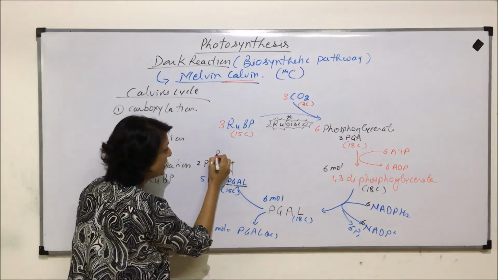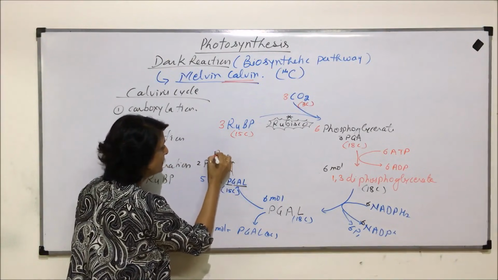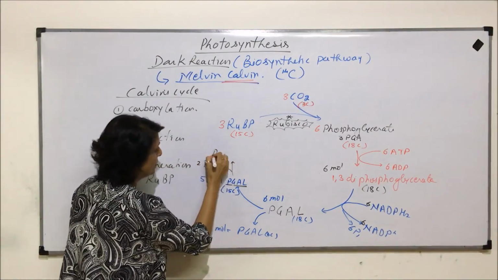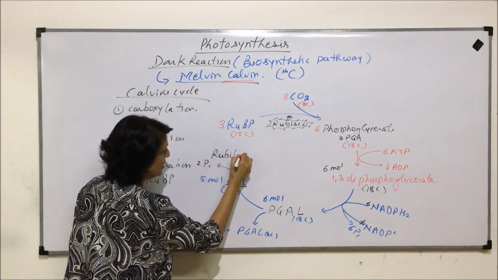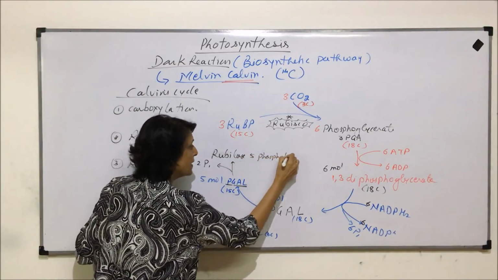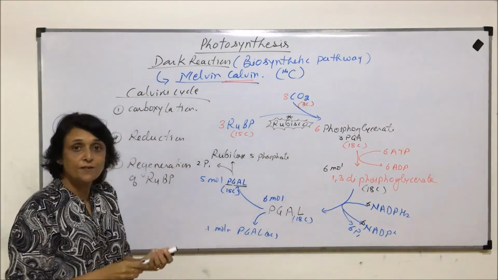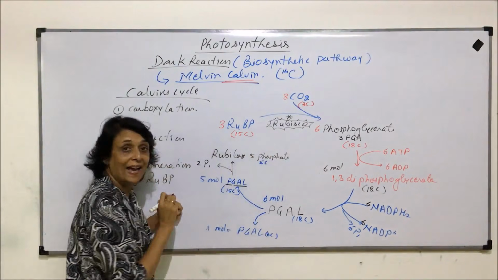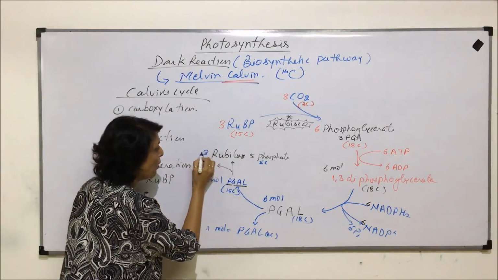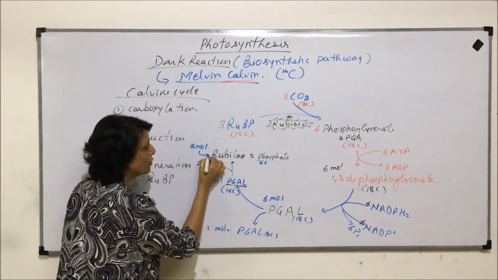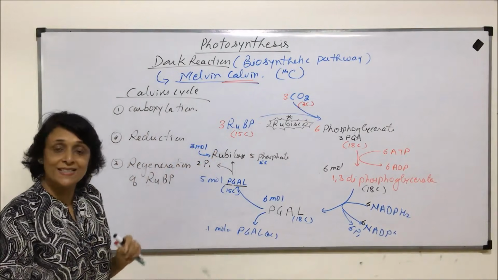So we get here ribulose 5-phosphate. Ribulose 5-phosphate is a 5-carbon compound and there are 3 molecules of this ribulose 5-phosphate synthesized.